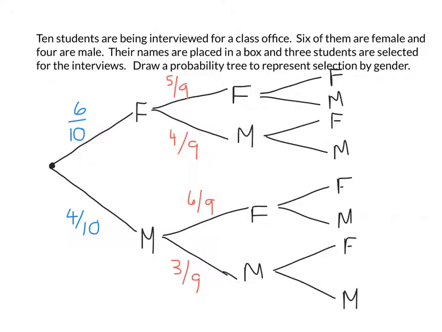All right, so on our third set of branches, we need to fill in our conditional probability. So on the third one, the probability that it's going to be female would be 4 out of 8. The probability that it would be a male is 4 out of 8. Female here on these branches would be 5 out of 8. Male here would be 3 out of 8. Female on the next one would be 5 out of 8.